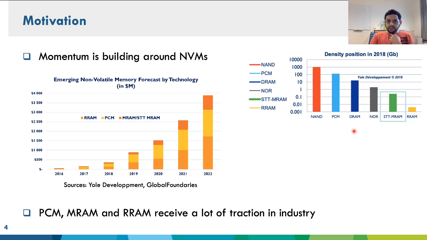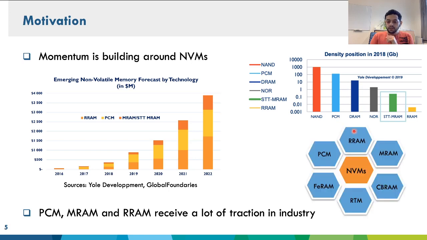So as I said, PCM, STT MRAM, and ReRAM are the current industrial choices, but there are quite a few other non-volatile memory technologies. For instance, ferroelectric RAM is very promising, CB-RAM, RRAM, and racetrack memories.